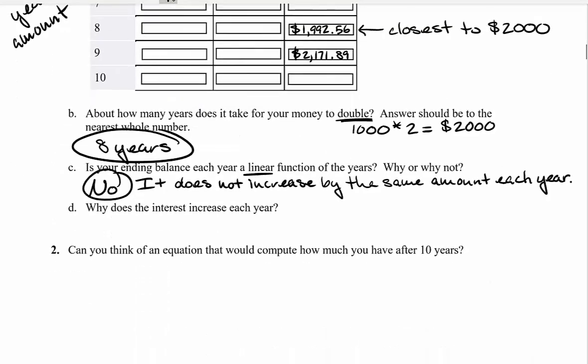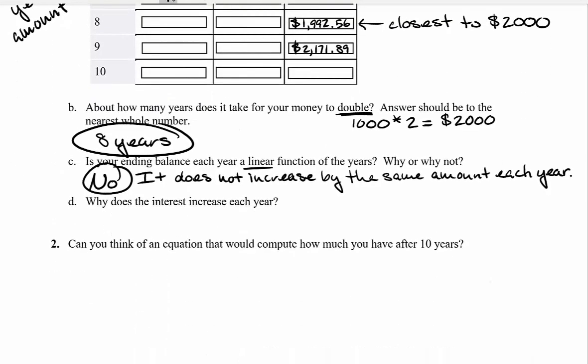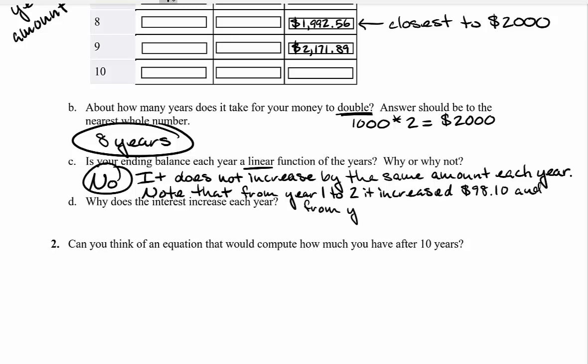That's what I meant down here when I said it does not increase by the same amount each year. In particular, note that from year 1 to year 2, the increase was 98.10. And from year 2 to year 3, it increased 106.93. So those are not the same.